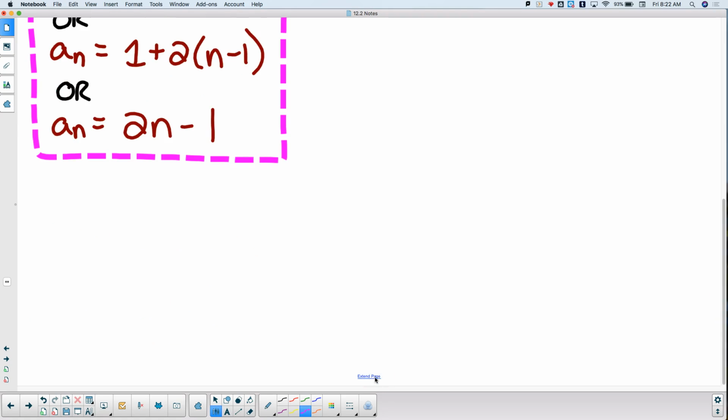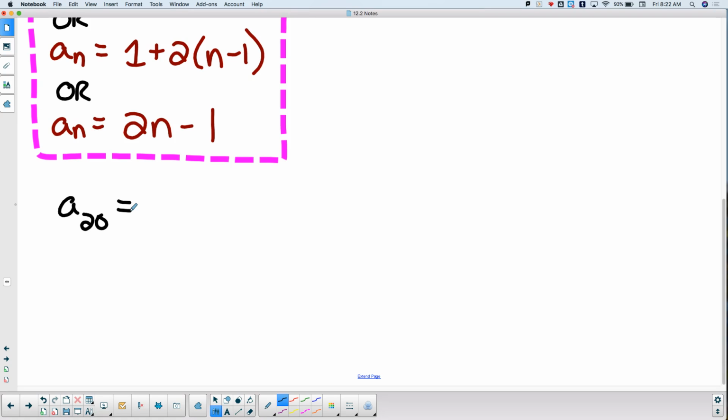Then it had asked us to find a sub 20. Okay? So then it wants us to now find out what a sub 20 is, which is another way of saying what is the 20th term in this sequence.